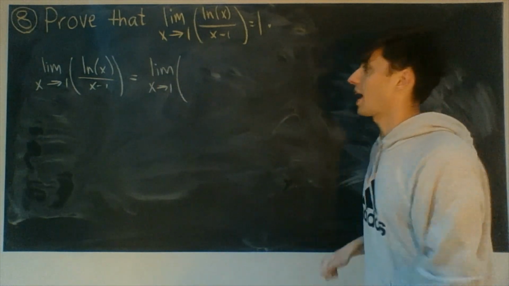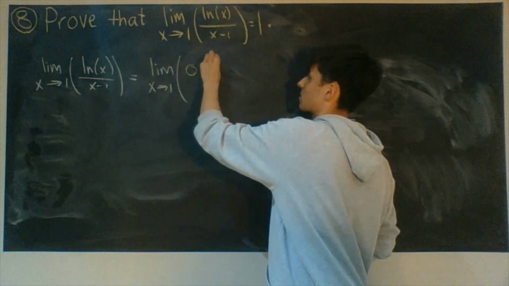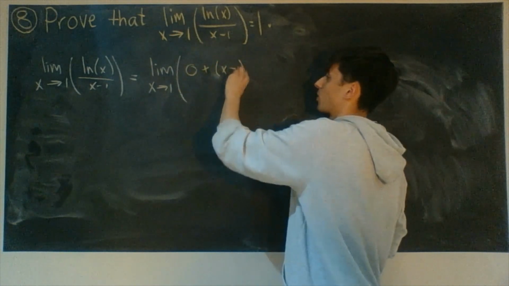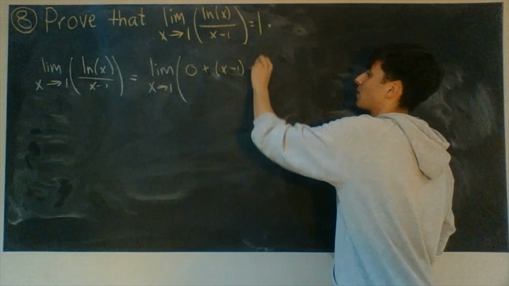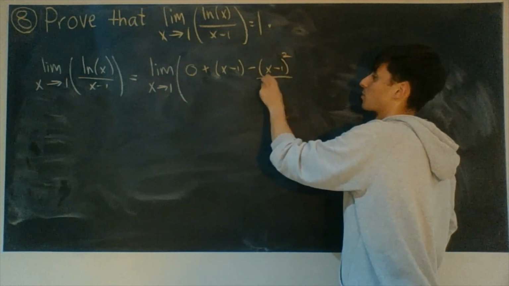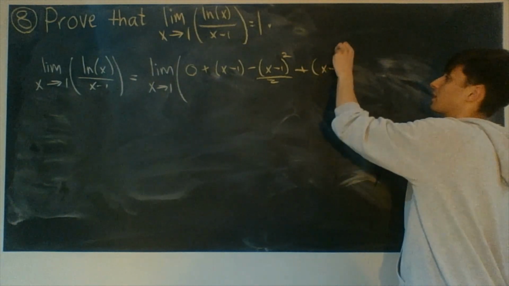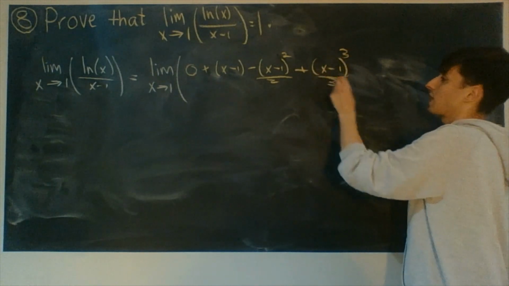And for ln x, remember we had 0 plus x minus 1 over 1 minus x minus 1 squared over 2 plus x minus 1 cubed over 3.